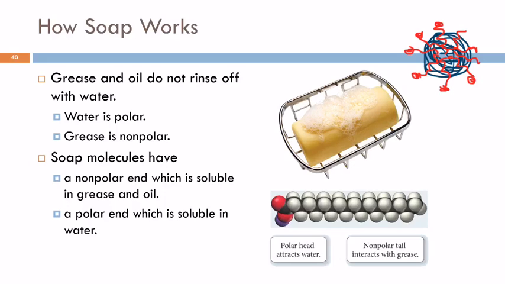The polar heads get along really well with the water because the water is also polar. And so the soap breaks the grease up into little tiny clumps that are surrounded with these polar heads. The polar head interacts with the water, and so that allows this little particle of grease to move away and get away.